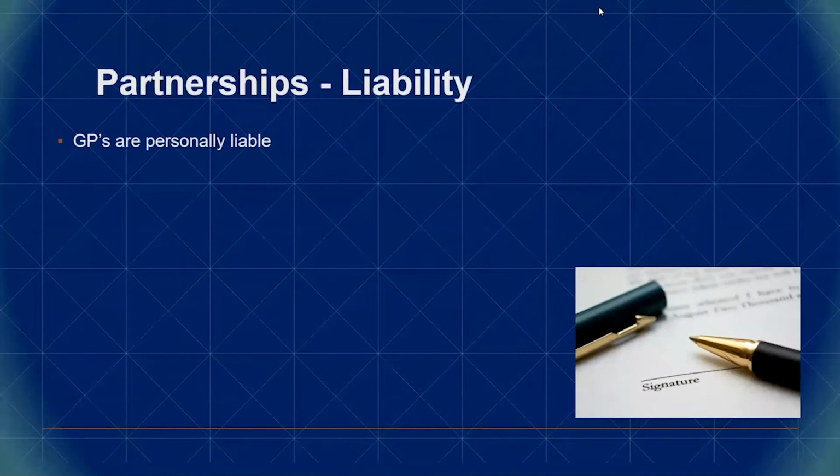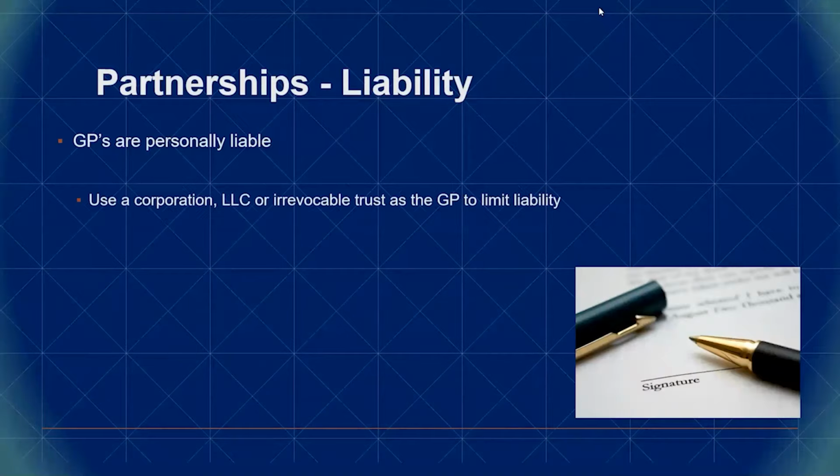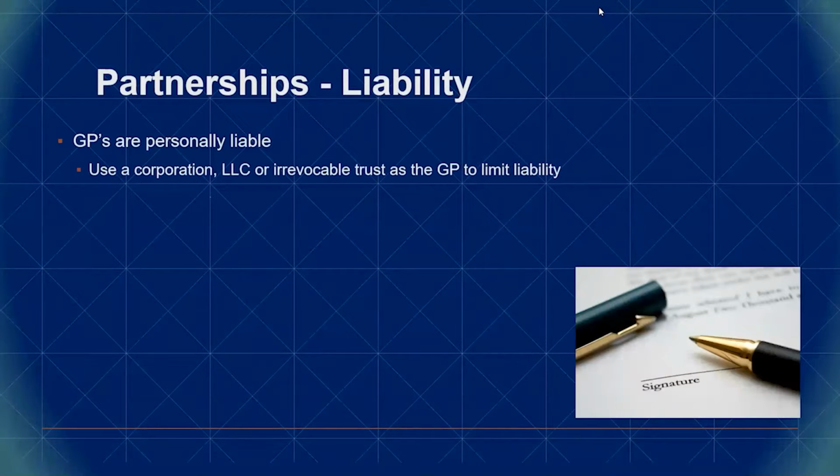Again, in a general partnership and in a limited partnership, the general partner is personally liable for the debts of the partnership. So in many cases, and virtually all cases that I can think of, you want to have a limited liability entity serving as the general partner or general partners of a general partnership or limited partnership.